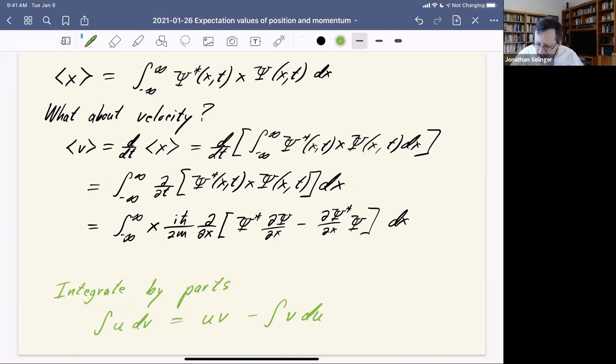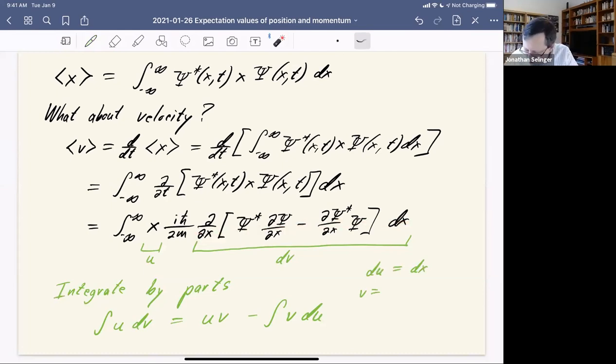So let's take this whole thing and call it dv, because we know how to integrate it. And let's take just the x by itself and call that the u. So that means that I know u, I know dv, du is just dx, and v is the integral of this derivative.